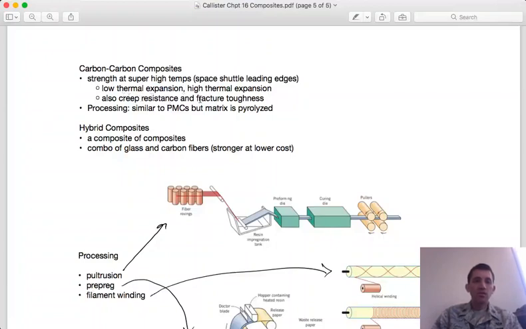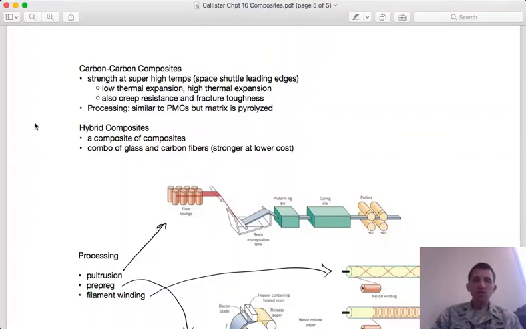How can it be low and high thermal expansion? I'm going to have to go back and figure out what I meant to say there. Probably low thermal expansion. There might also be high thermal resistance. They also resist creep and have high fracture toughness.